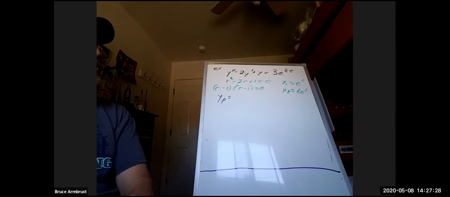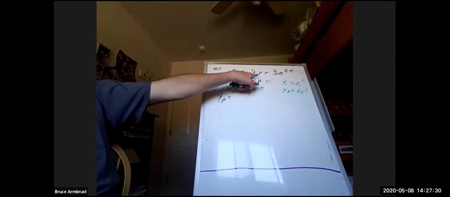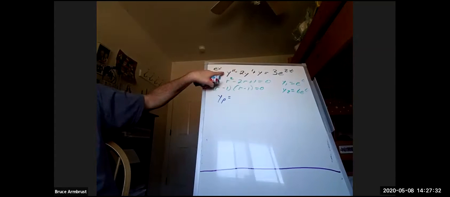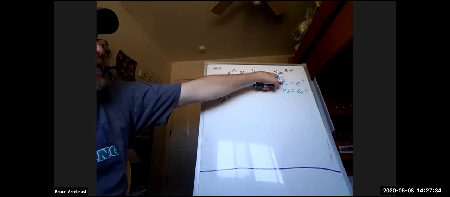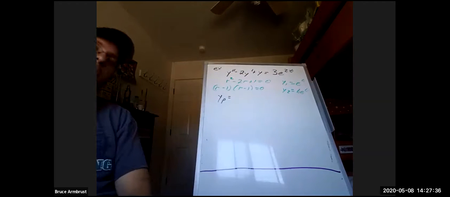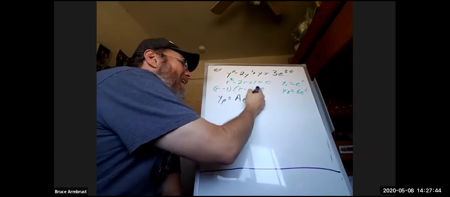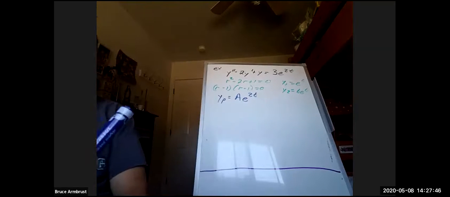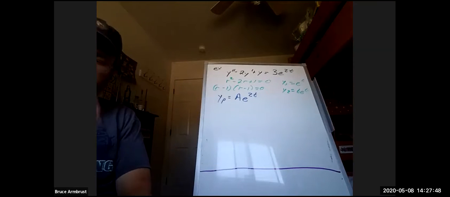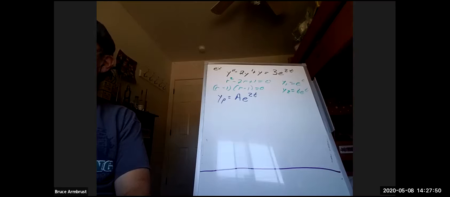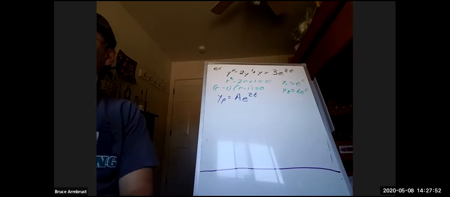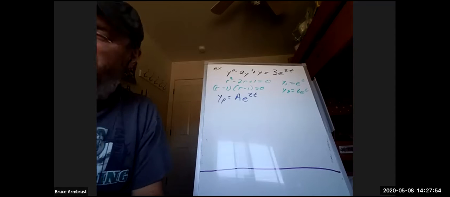What kind of function do I need so that if I plug it into this, it gives me 3e to the 2t? Definitely e to the 2t times some sort of constant. Did you hear how sure Thea was? I love it. Definitely e to the 2t.